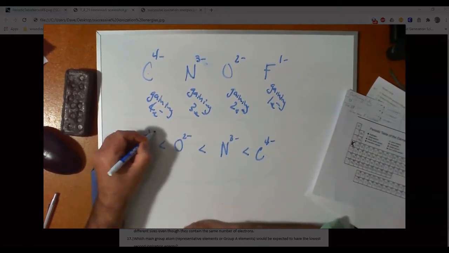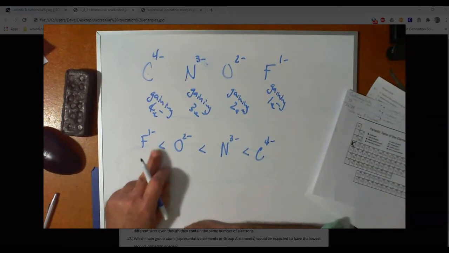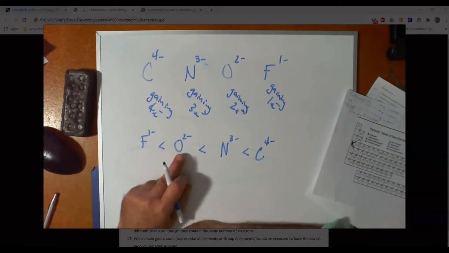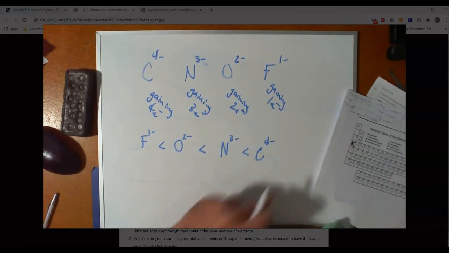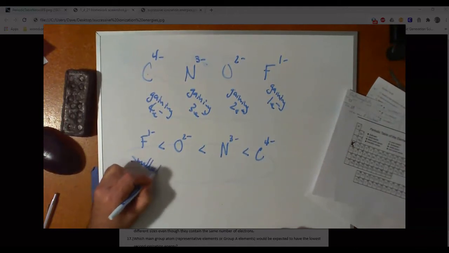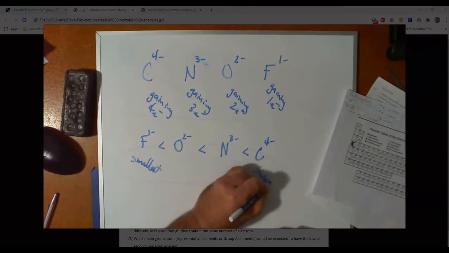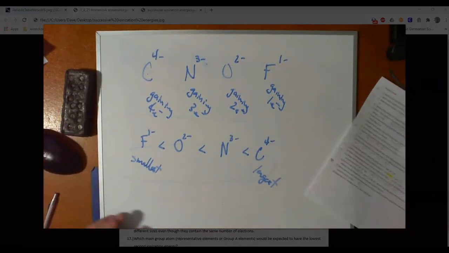All right, so fluorine is going to be the smallest. It's less than oxygen 2-, which is less than nitrogen 3-, which is less than carbon. And so this is smallest to largest. Okay. All right, that was number 11.